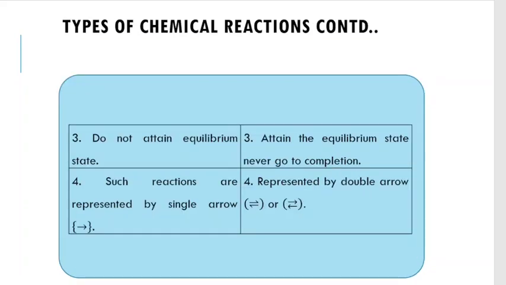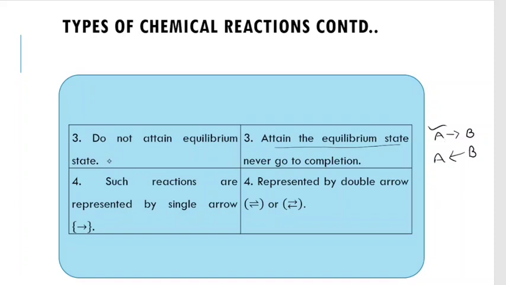Now, reversible reactions, if we consider, attain the equilibrium state. We will discuss this equilibrium state, because when A is converting into B, if B also starts converting into A, the reaction never goes to completion.